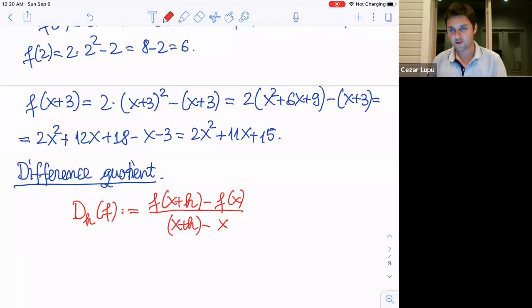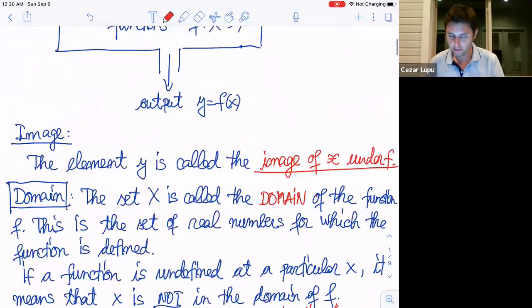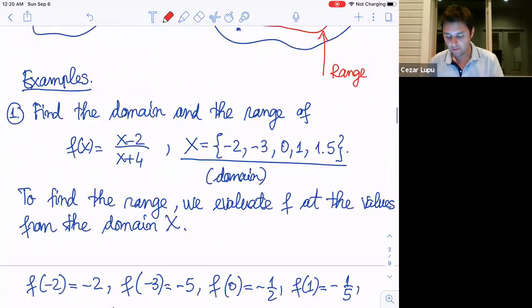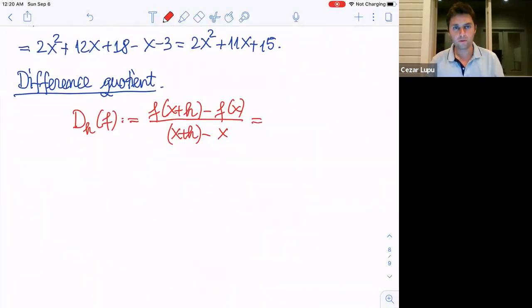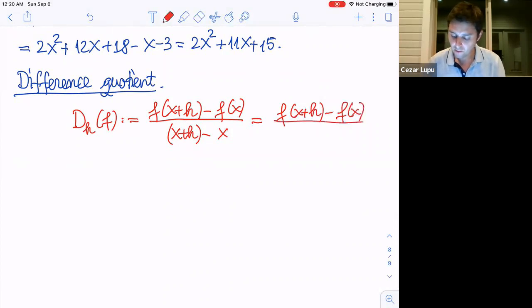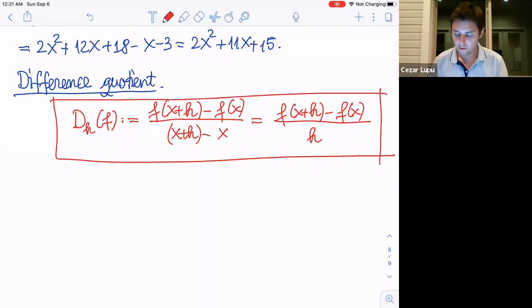Right, in the first lecture when we talked about that example, h was delta t, in fact. And if we look a bit closely at this expression, and if we do the algebra, this is nothing else than just f of x plus h minus f of x, everything over h, right? So this guy right here is what we call the difference quotient.